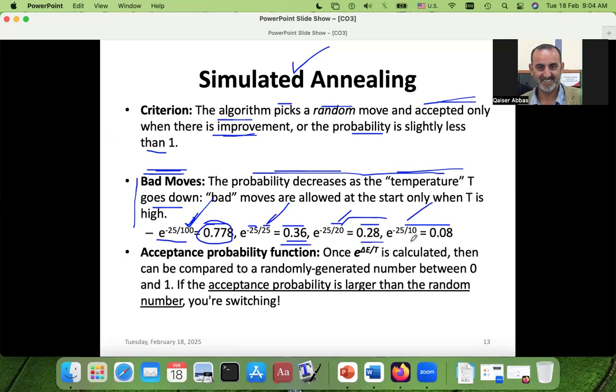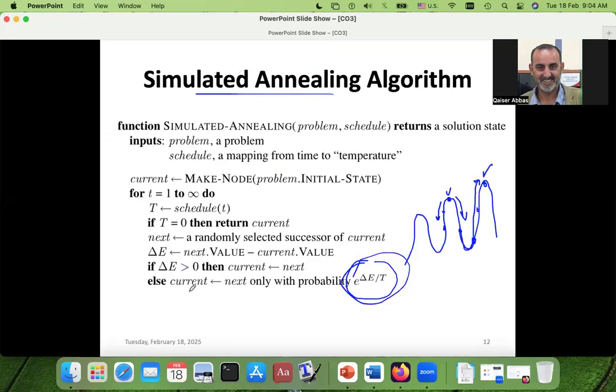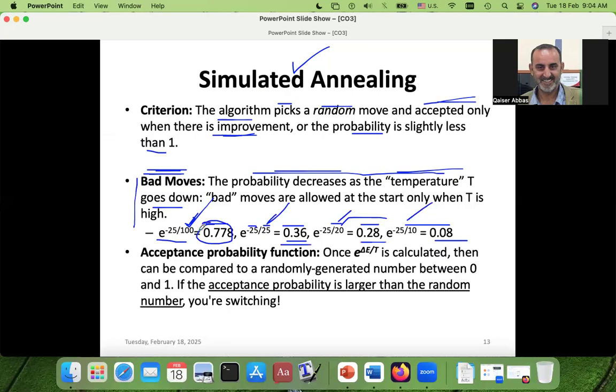When you have this probability value, we are not going to evaluate this assignment. So what does it mean? Only higher values which are slightly less than 1 are considered. It means that in this algorithm, a move in the downward direction is allowed only when the temperature is high.